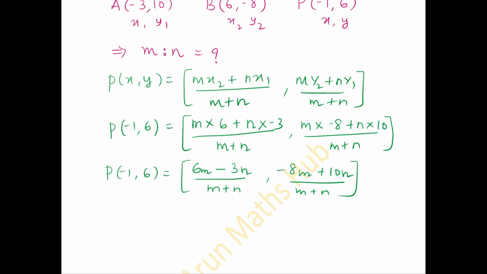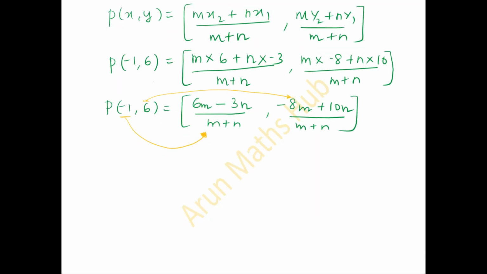Students, now what is the coordinate of point P, that is minus 1 comma 6? X coordinate is minus 1, which is equal to this. X coordinate corresponds to 6m minus 3n divided by m plus n. Y coordinate 6 corresponds to minus 8m plus 10n by m plus n.